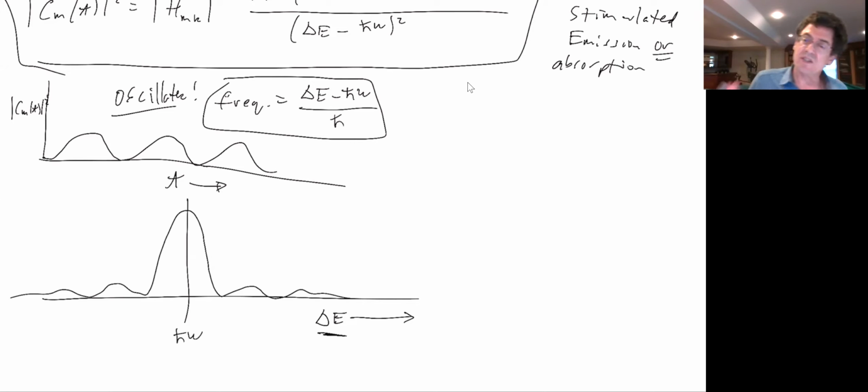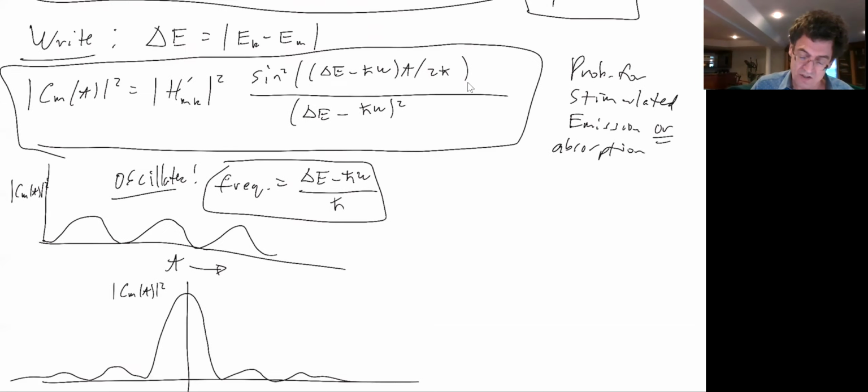So let's plot the probability Cm of t squared as a function of the energy difference between the two levels, where zero is h bar omega, and then you get this behavior, and that makes sense. We're just plotting this function, so there's nothing fancy here.